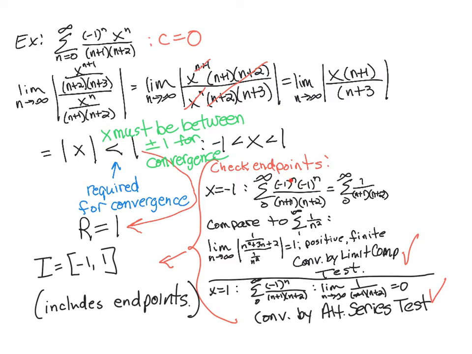So I've got the -1 to the n that was in the original question. And now if x is -1, it's raised to the n as well. When I multiply these two out, I get -1 to the 2n. Well, 2n is always even, and so that is always just plain old +1. The bottom stays the same, and now I've got this new series that I have to do a test for.